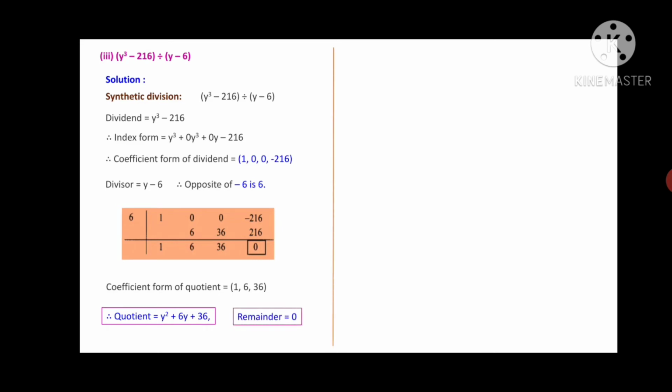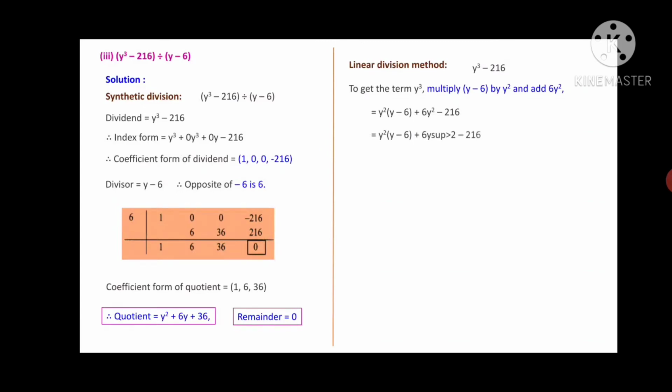Friends, let us see the linear division method for solving this problem. It is given that y cube minus 216 is the dividend. To get the term y cube in this dividend, y square into bracket y minus 6 plus 6y square minus 216.